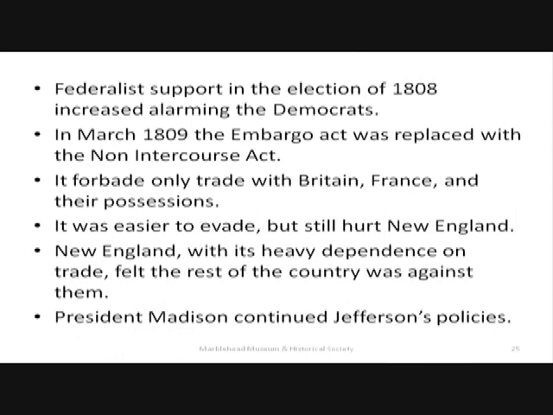So, just before Jefferson left office, the Embargo Act was repealed, and they put in a Non-Intercourse Act. It only forbade trade with Britain, France, and their possessions. It was easier to get around because they'd been getting around various restrictions for years, but still it hurt.